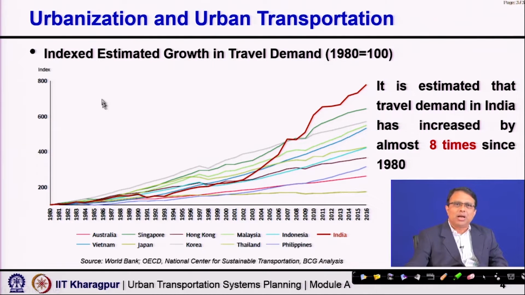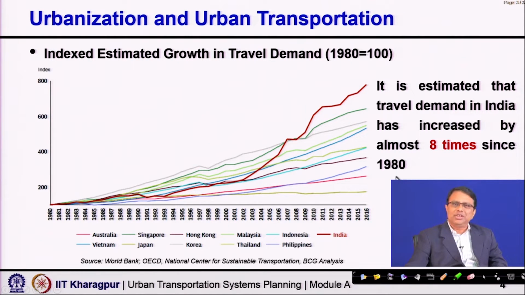The interesting part is, you may not be able to read everything, it is not necessary also, but look at this red line. This red line shows how the estimated growth has happened for India, and what we find is that the increase is almost 8 times since 1980.